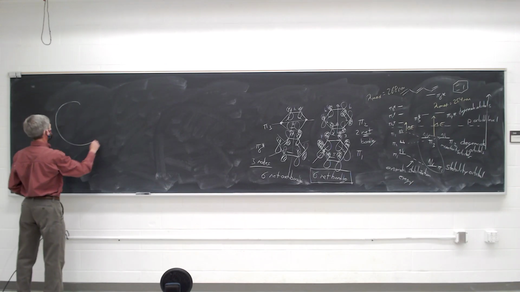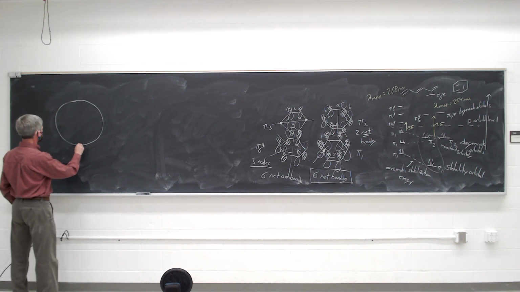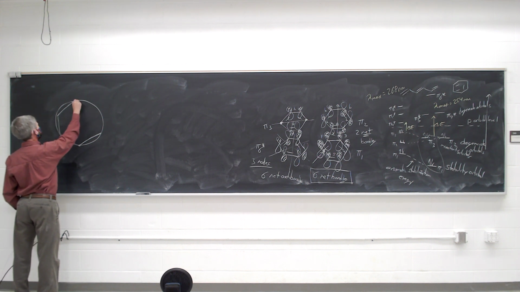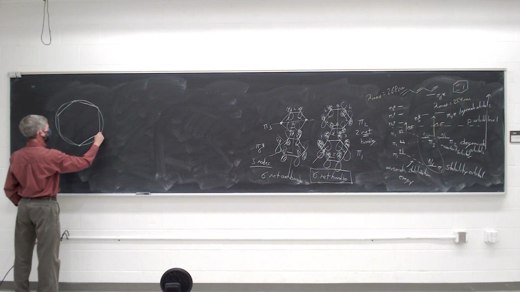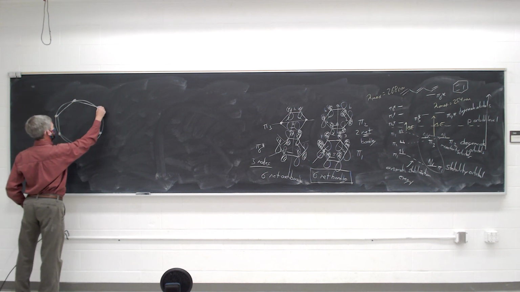The shortcut is to draw a circle and then inscribe the polygon within it with a vertex at the bottom. And wherever the polygon hits the circle is where your orbital energies are.